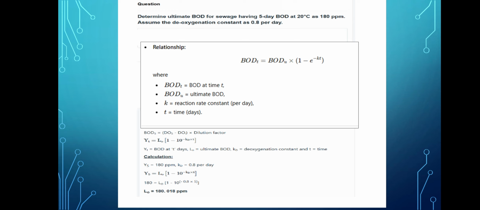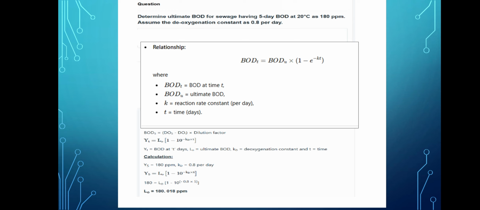In the previous class, I told you that generally the e value in a BOD problem is considered as log to the base 10. In the previous mathematical problem, we used the e value as 2.71, but here the log base has been considered as 10.